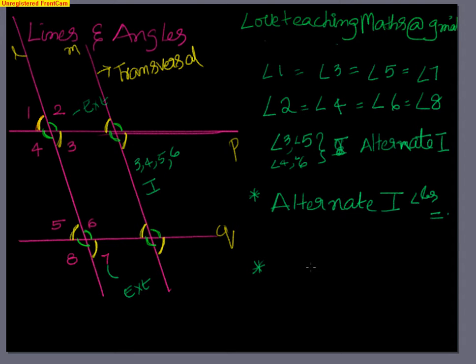What else can we derive from this? See here, angle 2 is equal to angle 4 because they are vertically opposite, and similarly I know that angle 1 is equal to angle 5 because they are corresponding angles. So if I take interior angles, I am only talking about interior angles. We established one relationship, that alternate interior angles are equal.